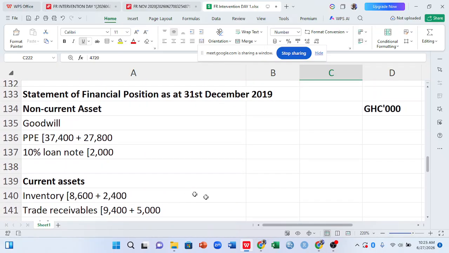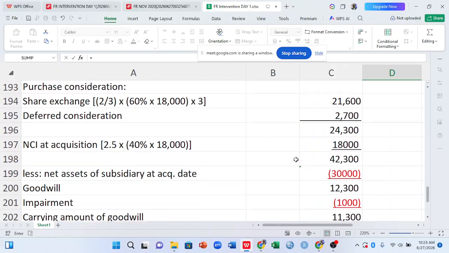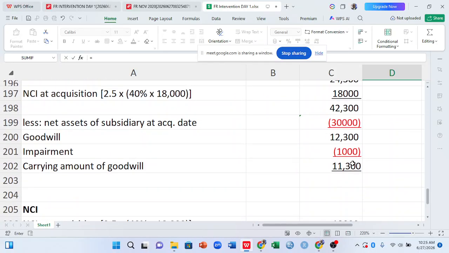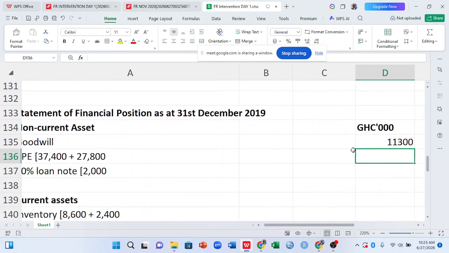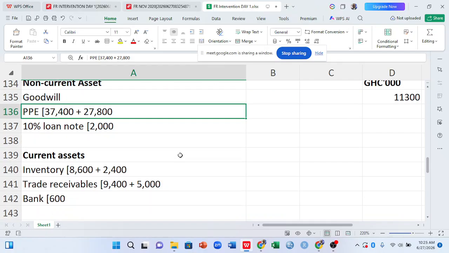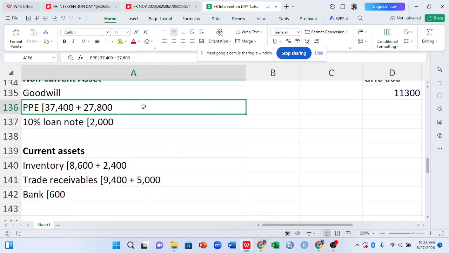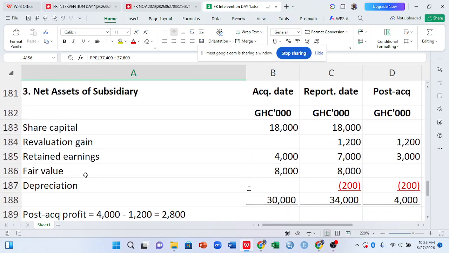So we'll start with goodwill. We already know the goodwill value here. We are going to pick it up and bring that. So goodwill, we had 11,300. The next was PPE. We check if during the year there was a fair value. When we check our net assets, we realize there was a fair valuation of our PPE by 8,000.